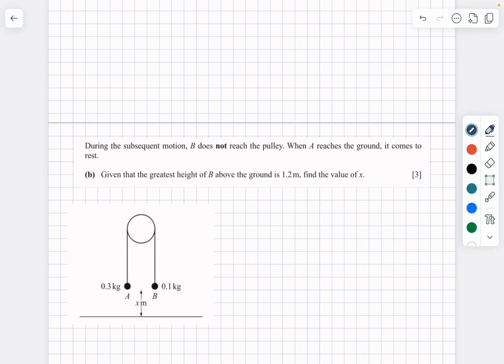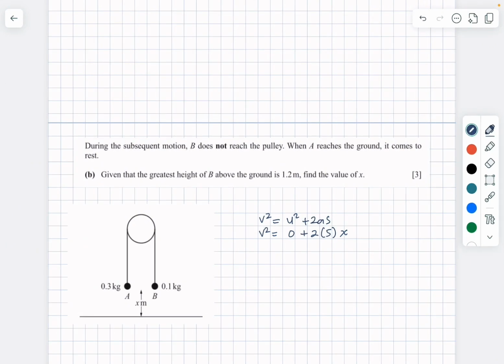First step, we need to find the speed of both particles when A hits the ground. V squared equals U squared plus 2AS. U is 0, start from rest. A is 5, S is x.